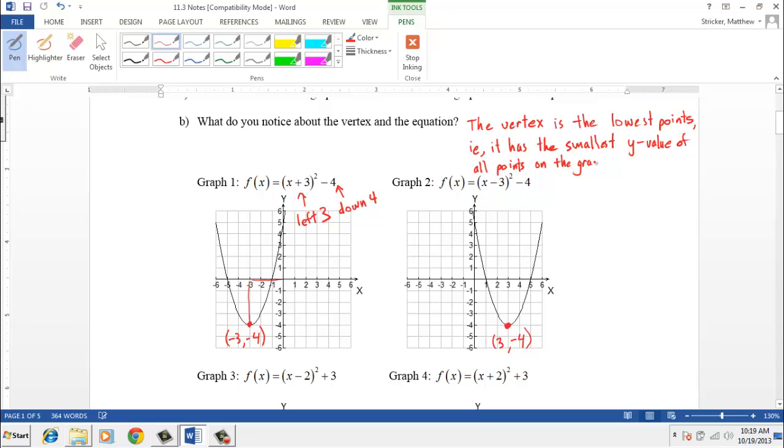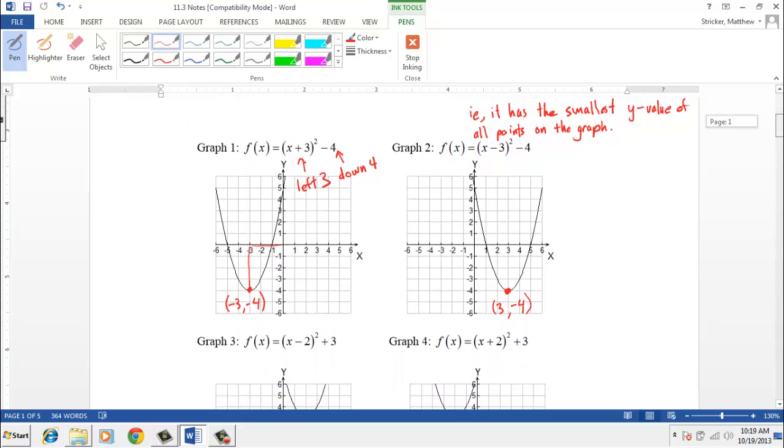Which is significant when it comes to application problems, because in applications sometimes we're concerned with finding the smallest or the lowest point on the graph. So we're going to talk about that in just a second.